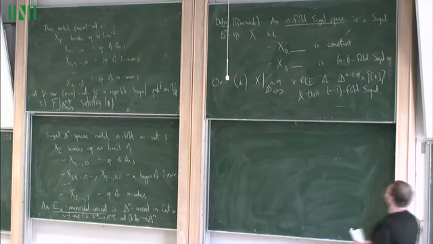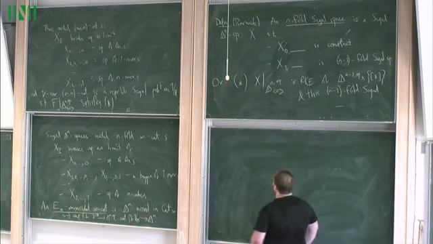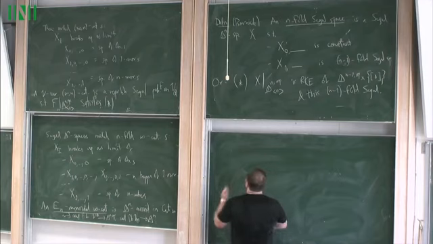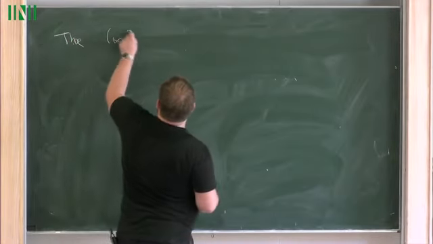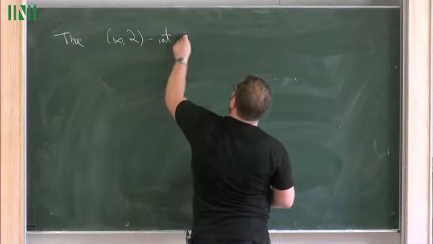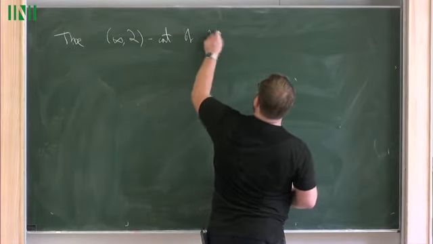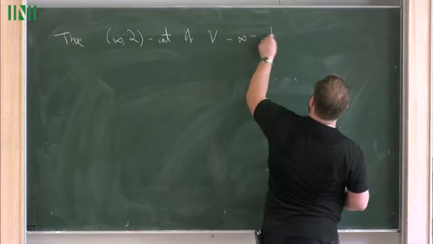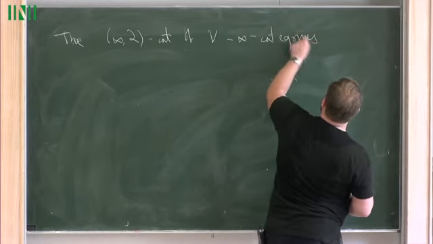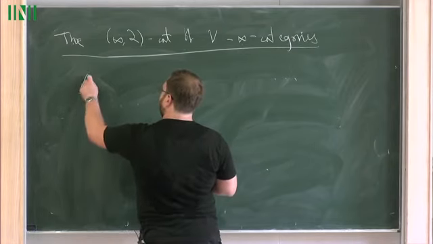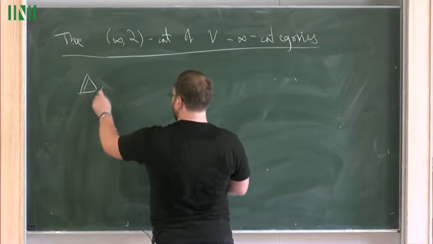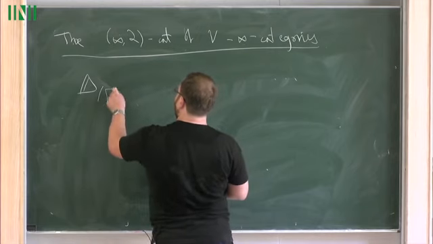Okay, I see I was quite optimistic in how much time I would have. Let me at least say something about how we might construct the infinity 2 category of the infinity categories. So the idea is to consider these slices of delta over n.